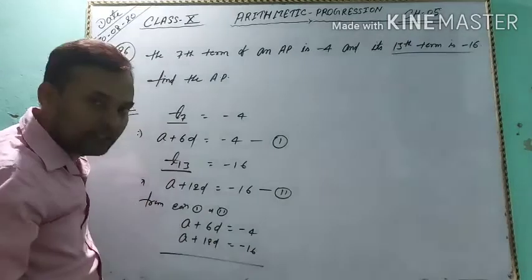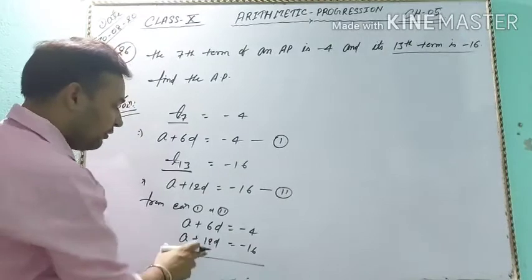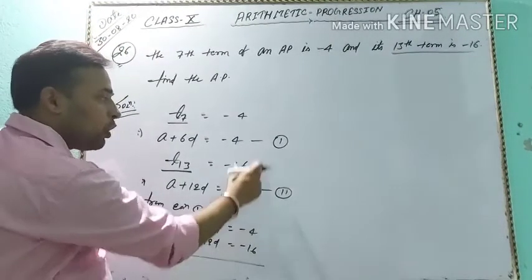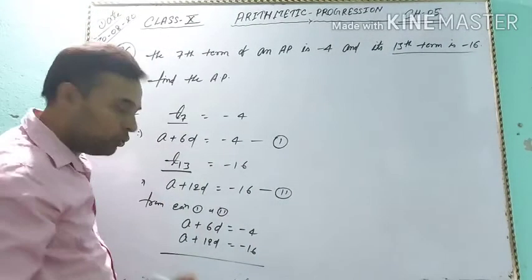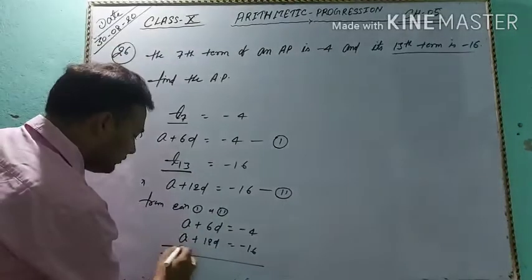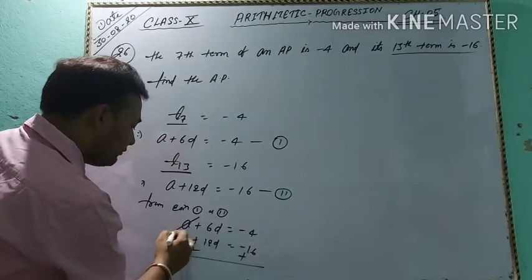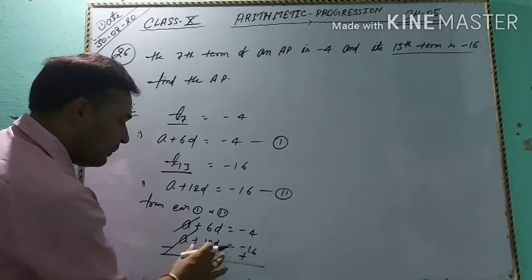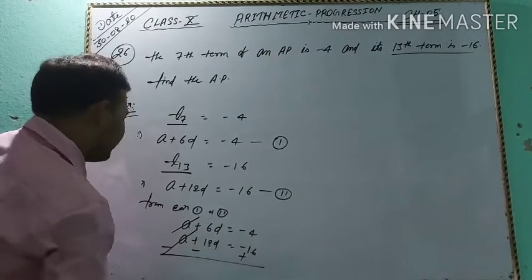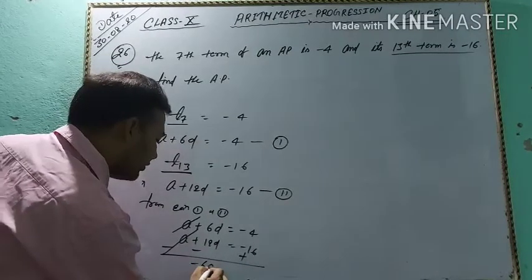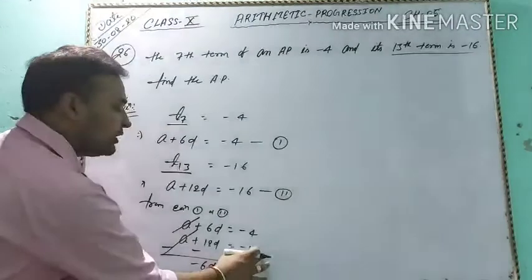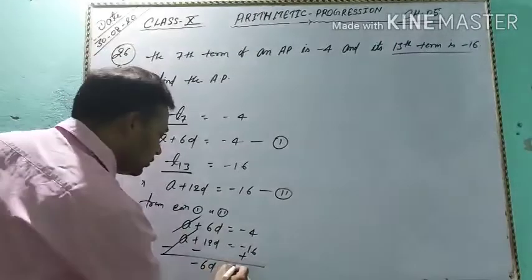On subtracting equation 2 from equation 1, change sign. a minus a cancel, and minus 12d and plus 6d, that is minus 6d equal to plus 16 minus 4, that is 12.